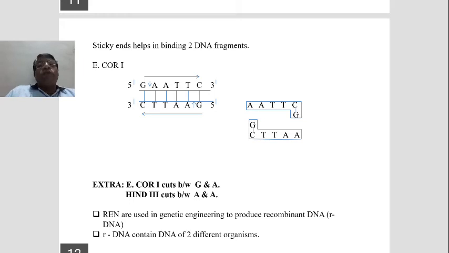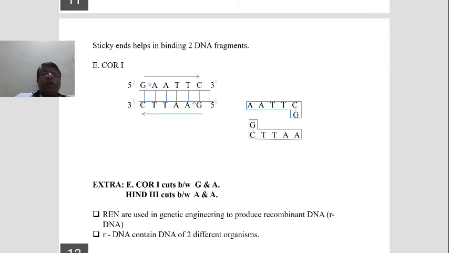Very important for the NEET. Hint: it cuts between G and A. It is specific. Okay. Now we shall pass on to the next one.